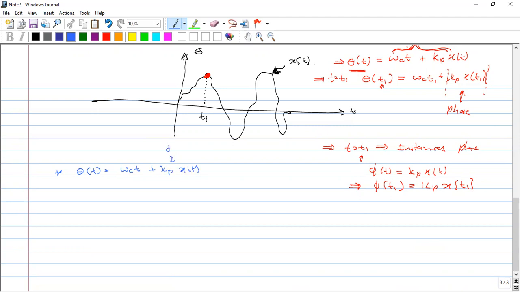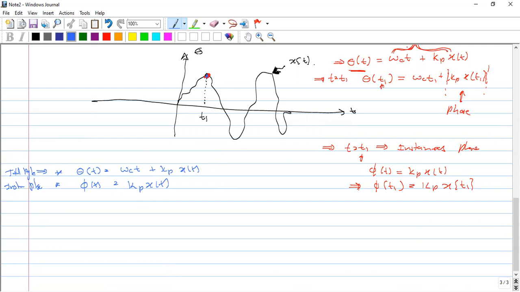This part you can write as delta phi x normalized t. So this is the total angle, and the phase phi t is equal to kp x t. You can write this as delta phi normalized x t. So both are correct. This is the instantaneous phase.